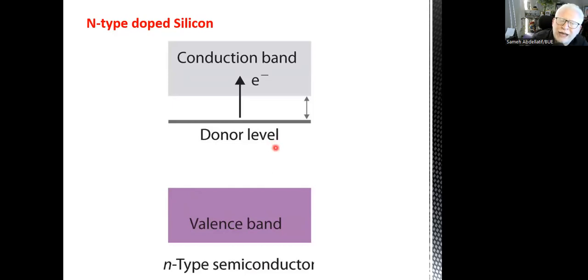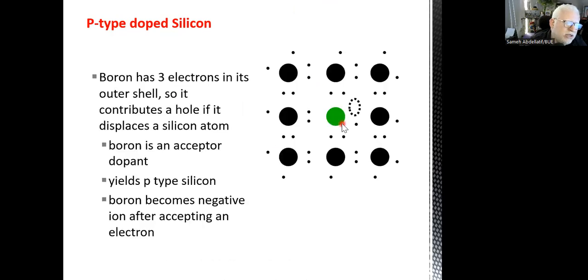Alternatively, you can do a similar process. If you add a material with a third group material instead of your silicon atom, again with doping, but this time with a third group material. So your new material, this new green atom, will have 3 electrons in the outermost energy level with a covalent bond, but still one missing covalent bond exists.